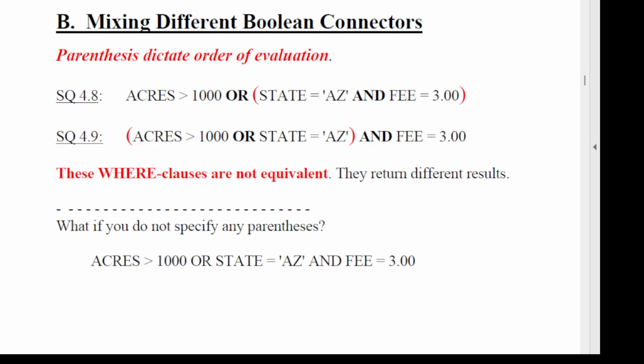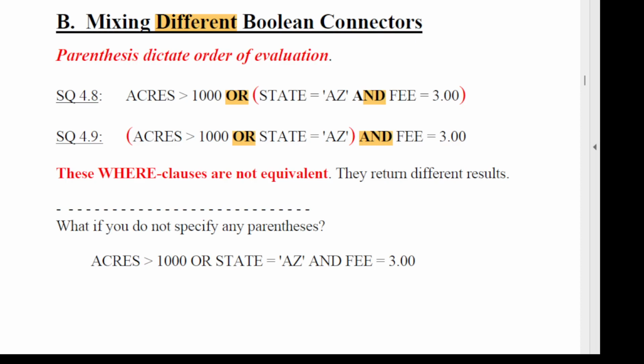Let me describe the nature of the problem. Instead of having this and this and this and that, or alternatively this or this or this or that, we're going to have a condition which says OR and AND, or we can turn it around and say AND and OR again. What's the difference? Well, here's the difference.